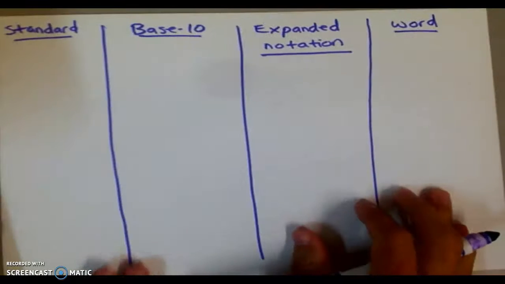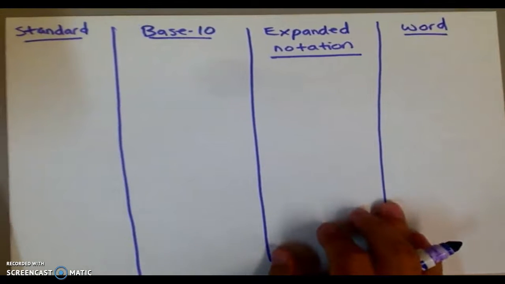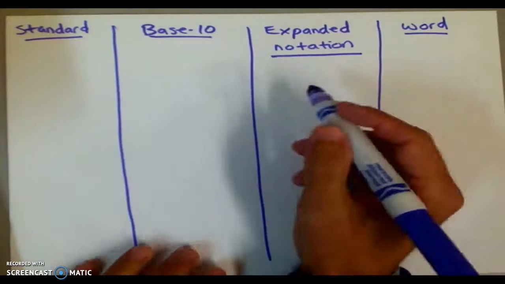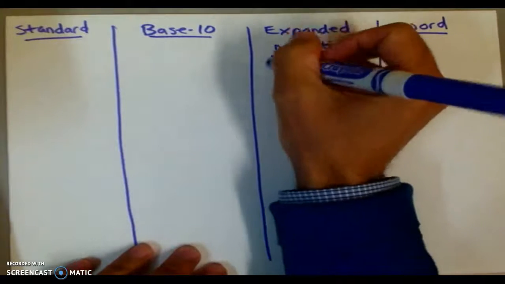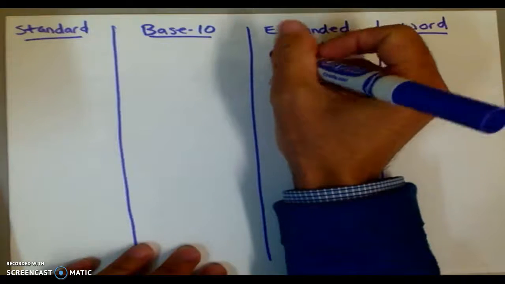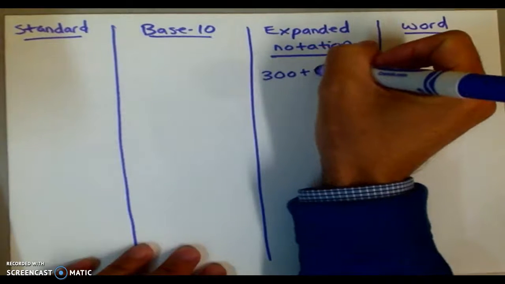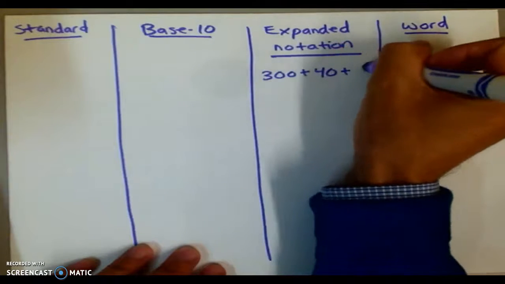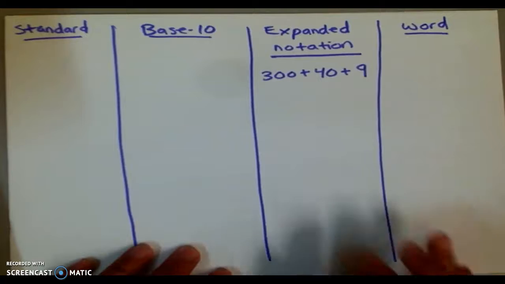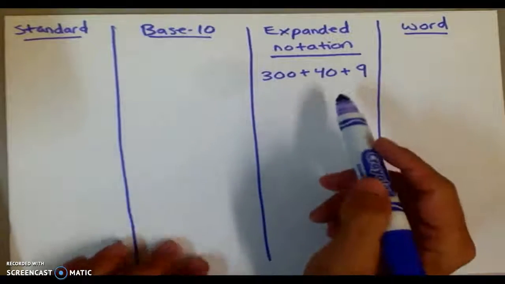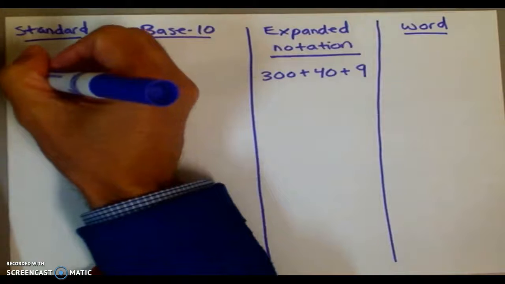Okay, so what you would do is if on the slide, if it said, for example, I'm going to give you an example. Let's say it said 300 plus 40 plus 9. Okay, what I would like you to do is fill in the other 3. All right, so 349 would be 349, right?